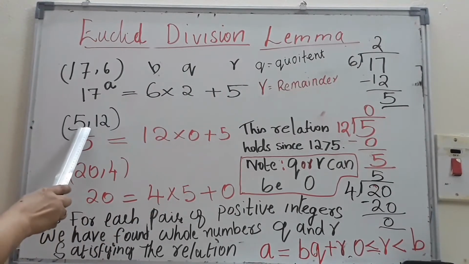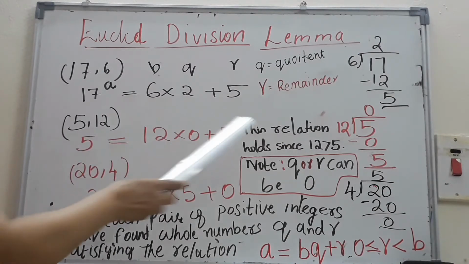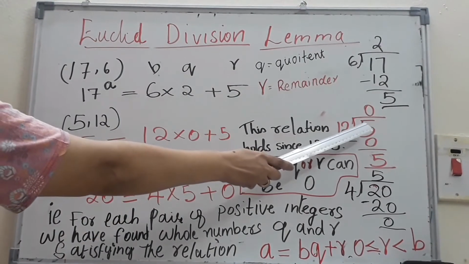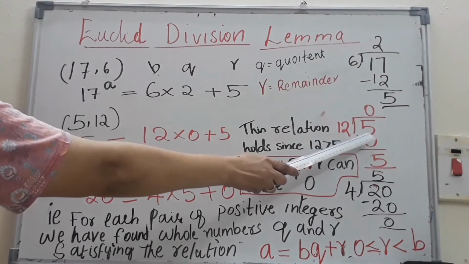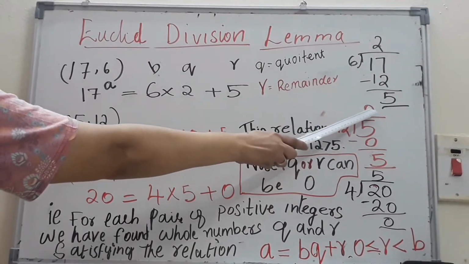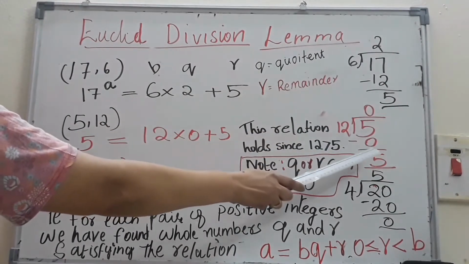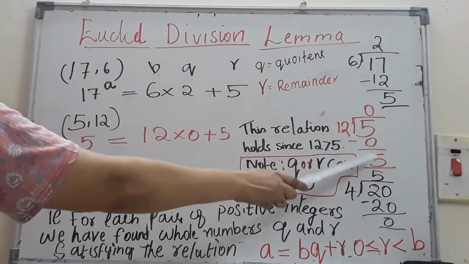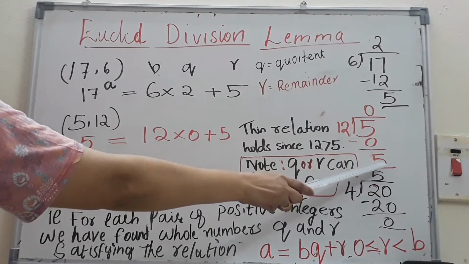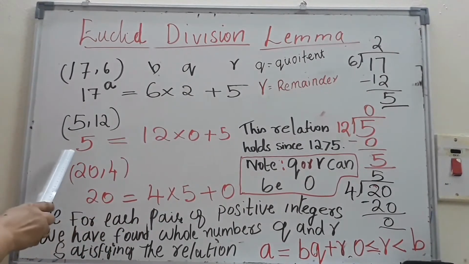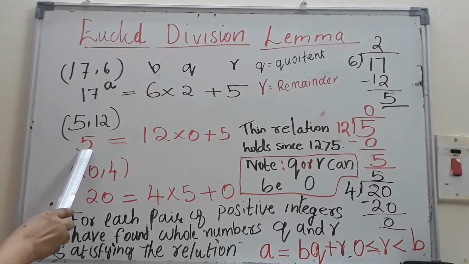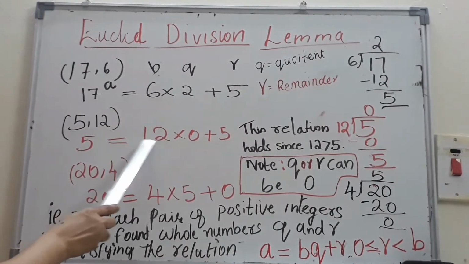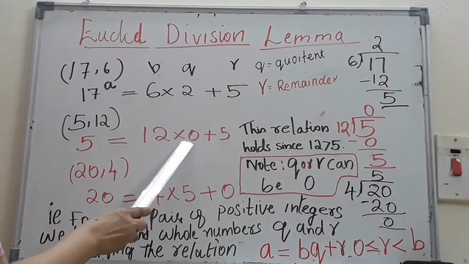Another pair, 5 and 12. How many times does 12 go in 5? Only 0 times, right? 0 into 12 is equal to 0. So subtract. You get the remainder as 5. It can be written as 5 is equal to 12 into 0 plus 5.